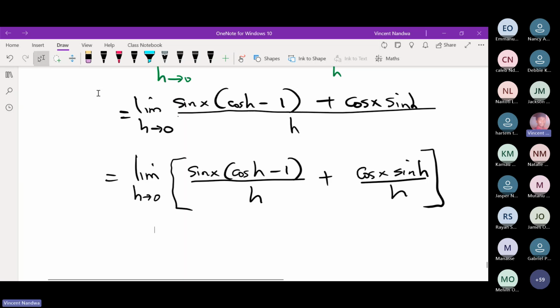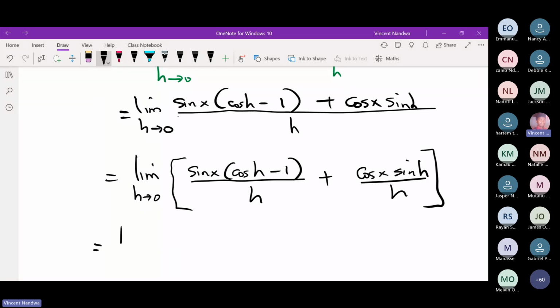Now, remember we are dealing with limits. In the previous class, we discussed that you can define the limit of the sum of two functions as the sum of the limits of the two functions. So you apply the limit to the first function, then to the second.